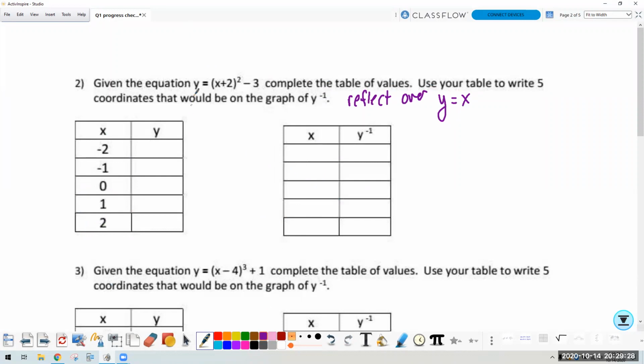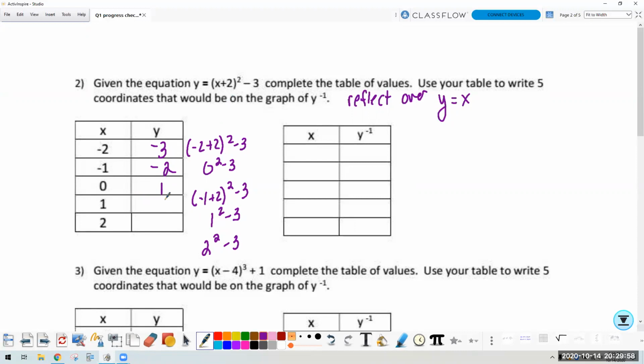So I'm going to take -2 and substitute in to my function. So that's 0 squared minus 3, which is negative 3. Substitute in negative 1. That's 1 squared minus 3. So 1 minus 3 is negative 2. When I substitute in 0, that's going to give me 2 squared.